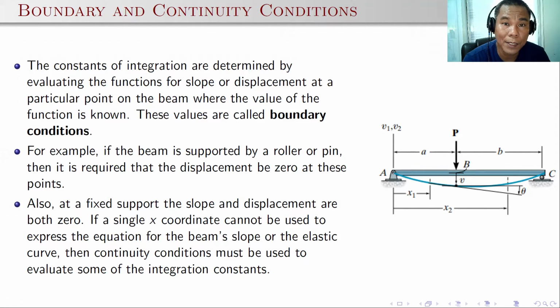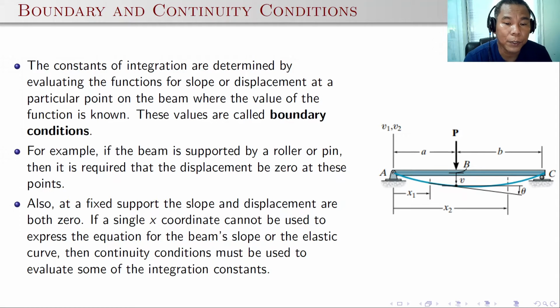The same is true with C. Vertical displacement is restrained, so there will be no vertical displacement at point C. So at x1 equals L, the vertical displacement at point C is equal to 0. That's how you determine the boundary conditions.